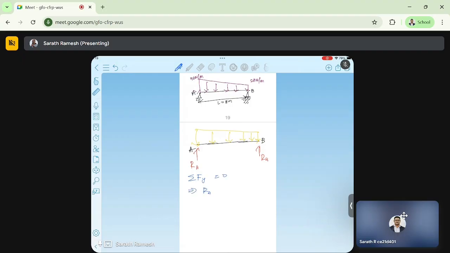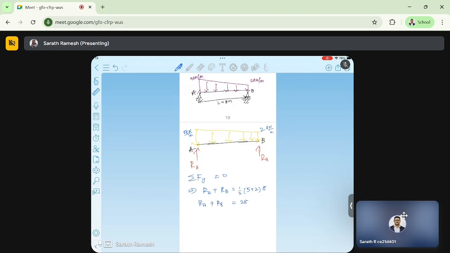RA plus RB will be equal to, this is 2, this is 5, no? 5 kilonewton per meter, this is 2 kilonewton per meter. So total load is the area of this trapezium, half into A plus B into H. H is 8. So this is equal to 4 times 7, which is 28. Total load is 28.